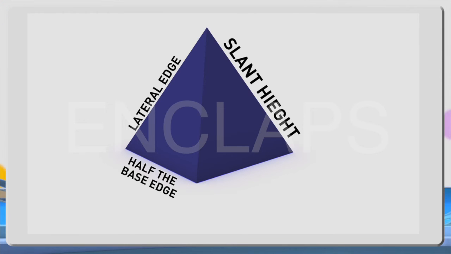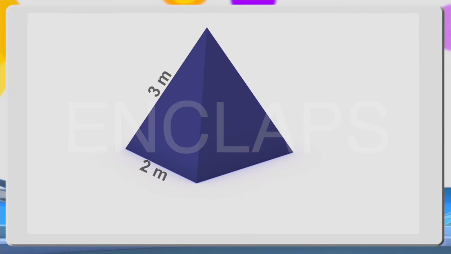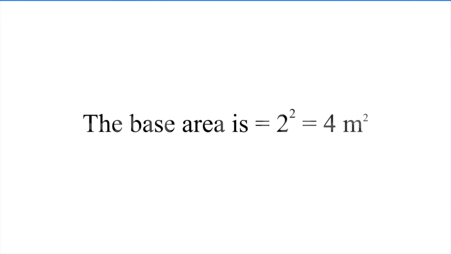Now do this problem. What is the surface area of a square pyramid with base edge 2 meters and lateral edge 3 meters? The base area is equal to 2 square is equal to 4 square meters. To compute the area of lateral faces, we need the slant height.